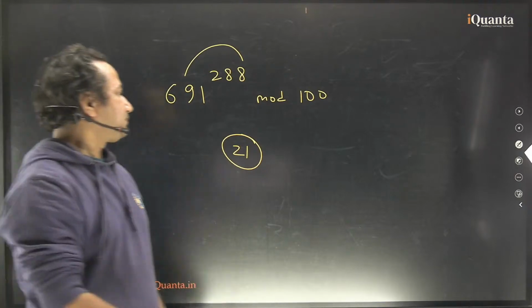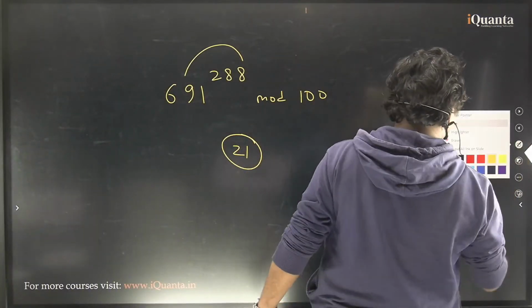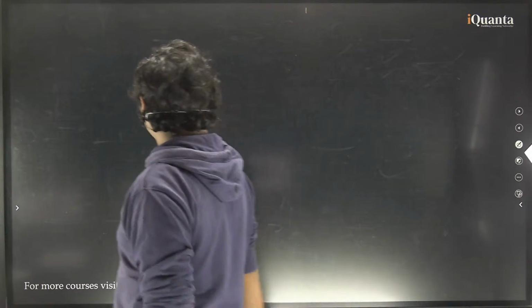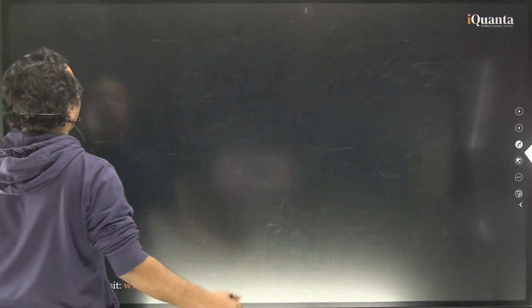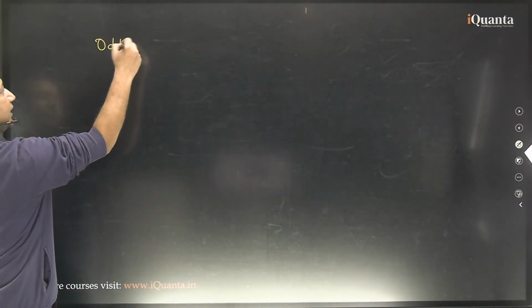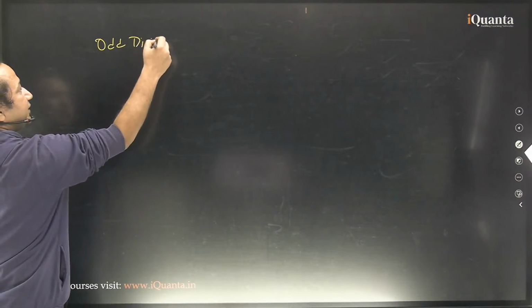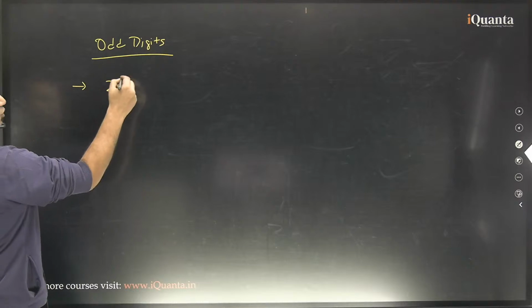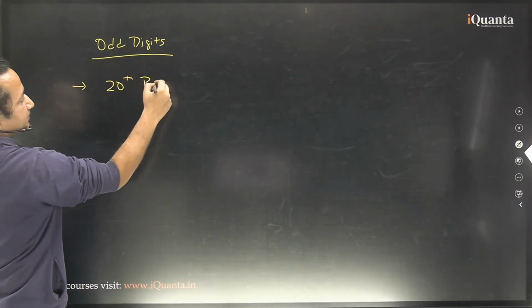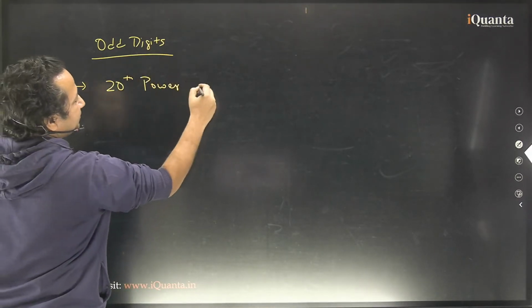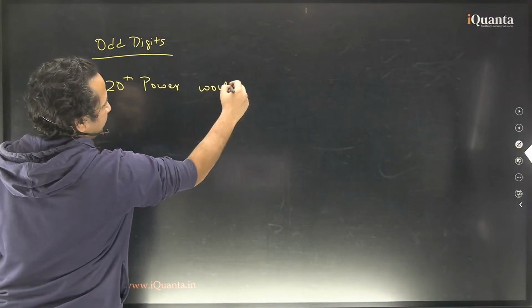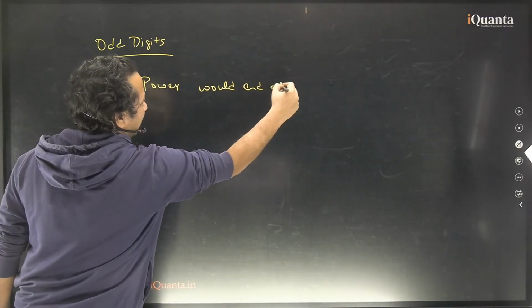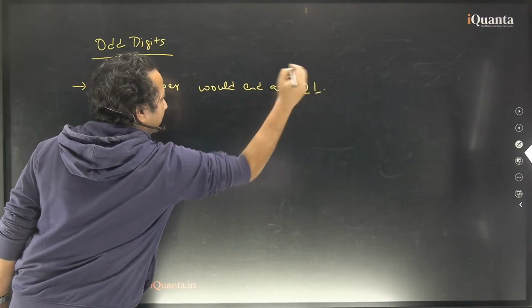All right. So this was a special case for digits ending at 1. Now, for all the odd digits, as we were discussing, this is very important. The 20th power would end at 01.